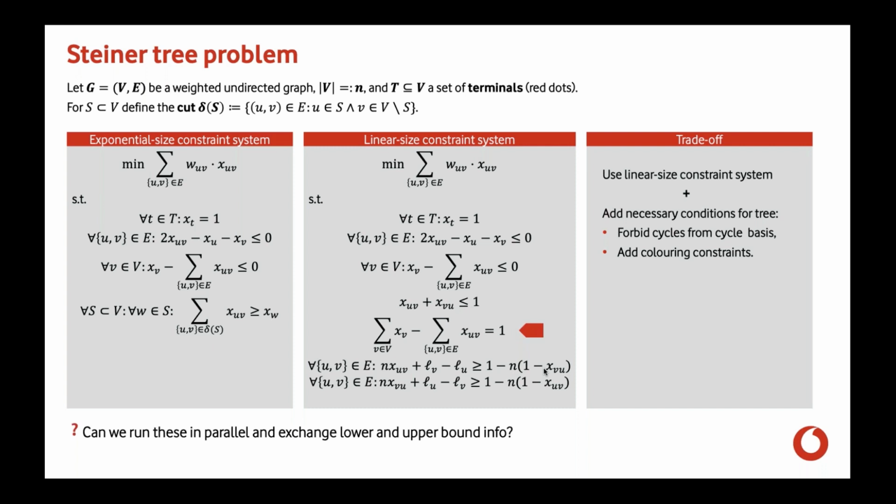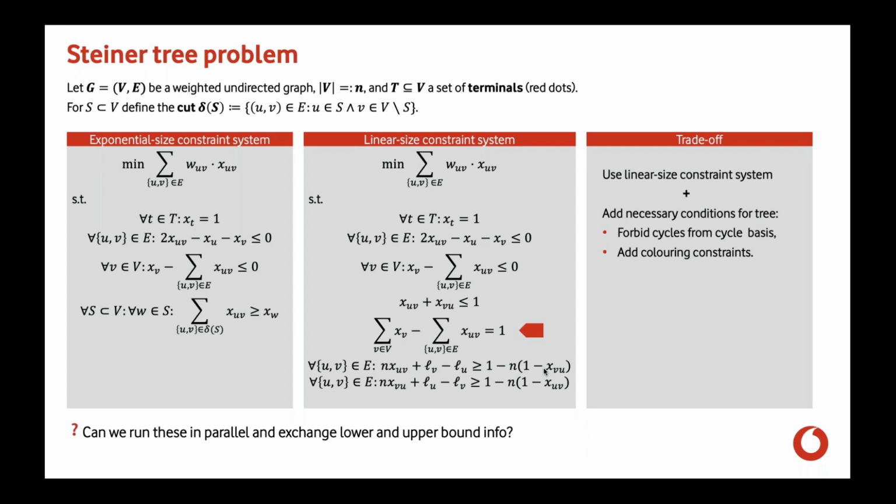So this is nice because even though it looks more complex, if you look at the number of equations in the text, the actual number of constraints is smaller. It's just linear in the number of edges, which in the worst case is quadratic in the number of vertices rather than exponential in the number of vertices. The problem is that this probably has a worse integrality gap than the left-hand side solution.